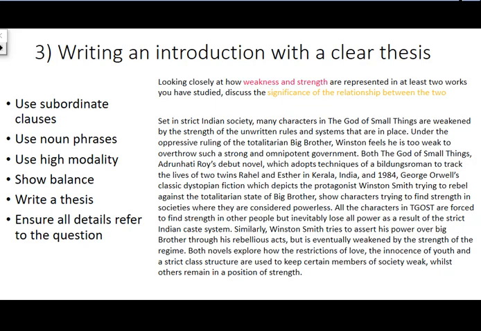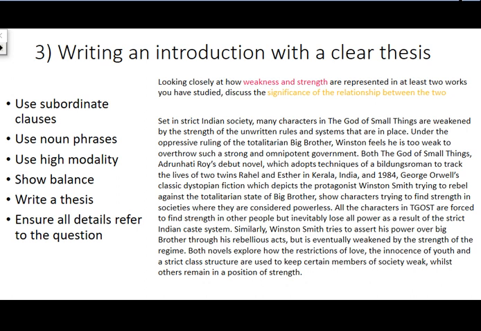So the third thing that students need to do in order to show a solid, if not excellent, organisation in their essays is writing an introduction with a clear argument that lays out what you're going to talk about. Now, we've done a bit of work in our lessons about how to write introductions, and these are the main things.